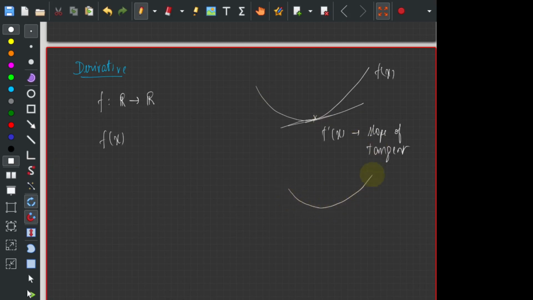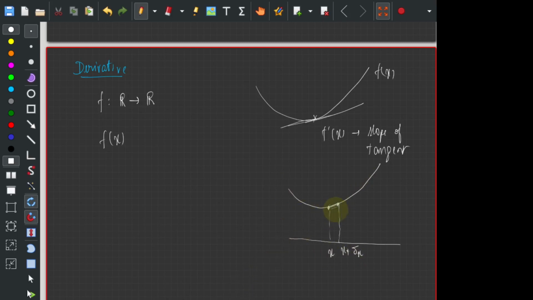Basically you are given the point x. You take an infinitesimally close point, maybe x plus delta x, and you look at the straight line joining these 2 points.